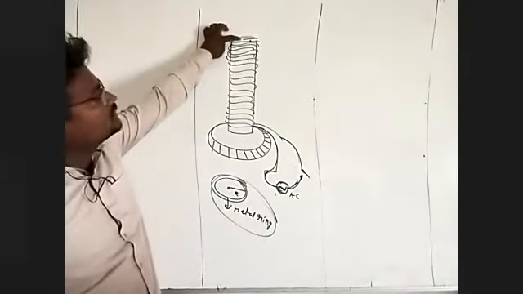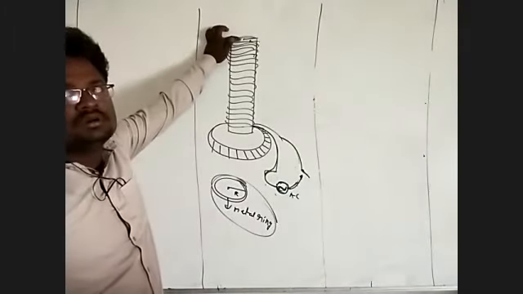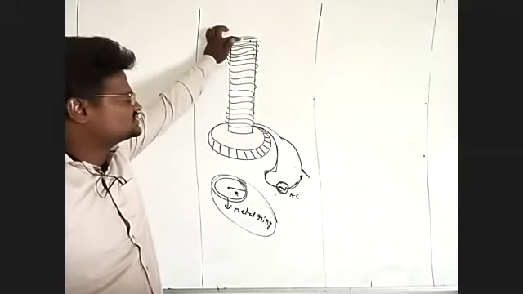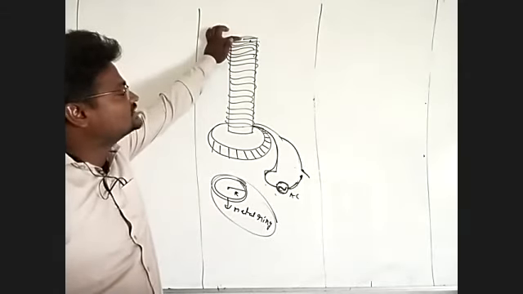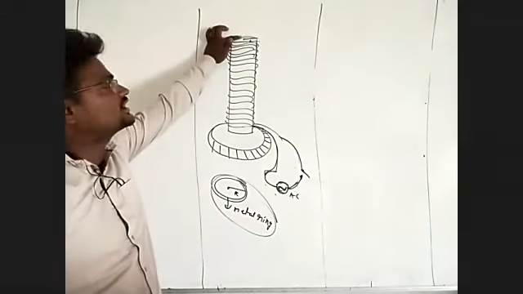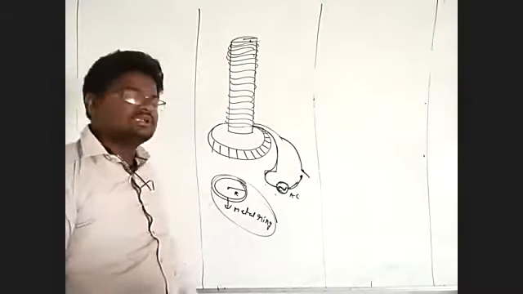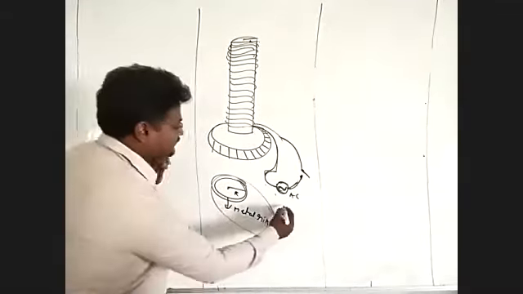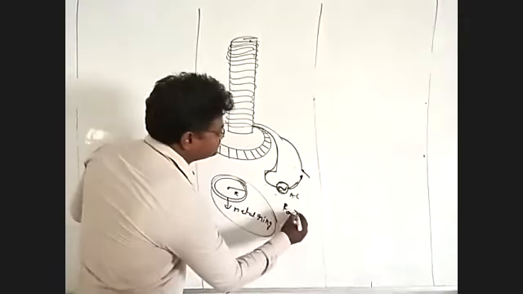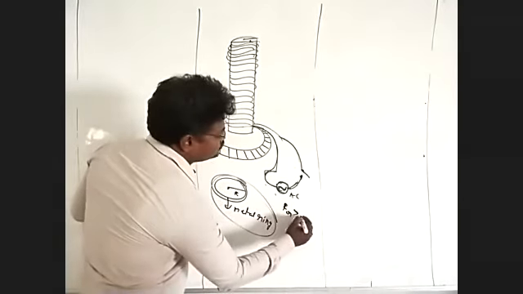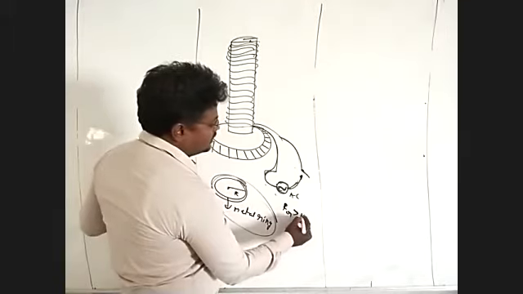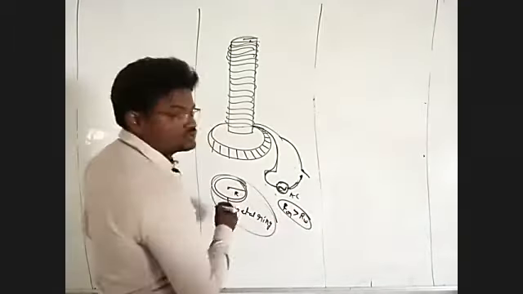This is the radius of the wooden cylinder, and this is the radius of the metal ring. So the metal ring radius is greater than the radius of the wooden cylinder. The wooden cylinder's radius is very small.